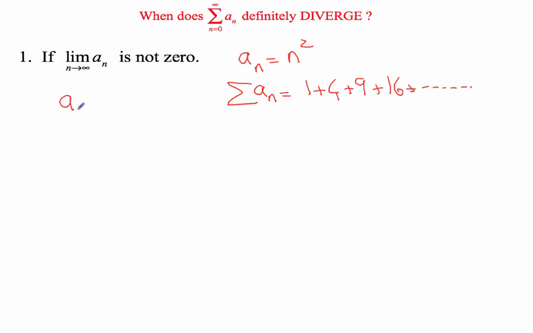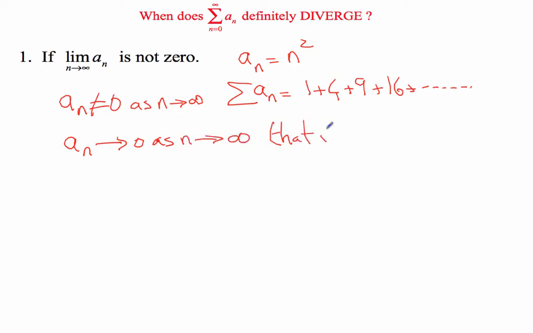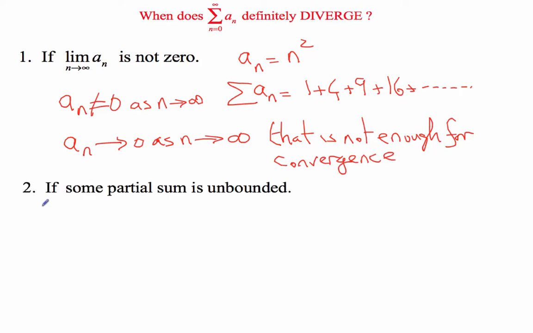Certainly, if an is not 0 as n goes to infinity, then this will diverge. But if an does go to 0 as n goes to infinity, that is not enough for convergence. And we'll see an example of that right away.